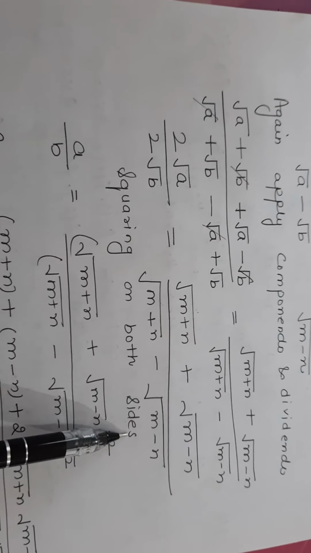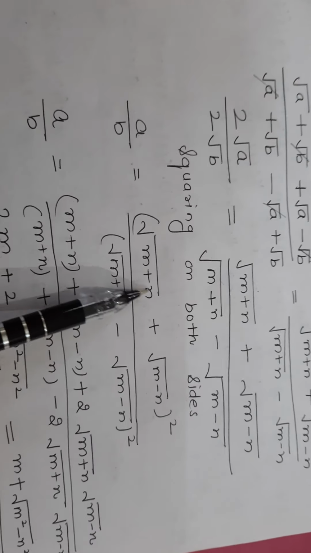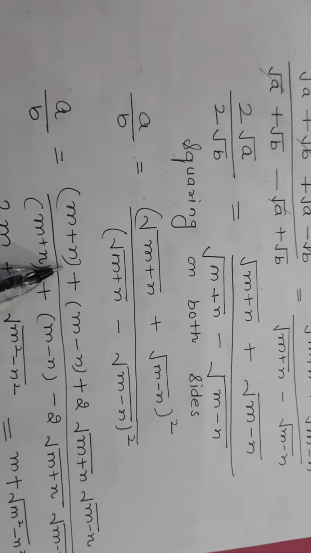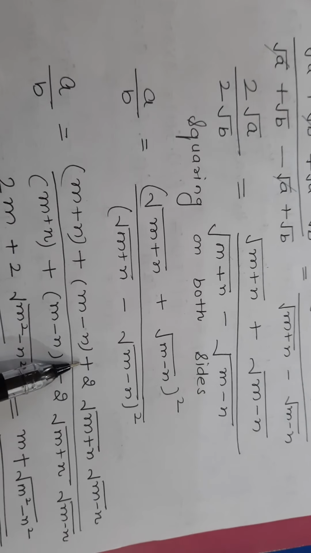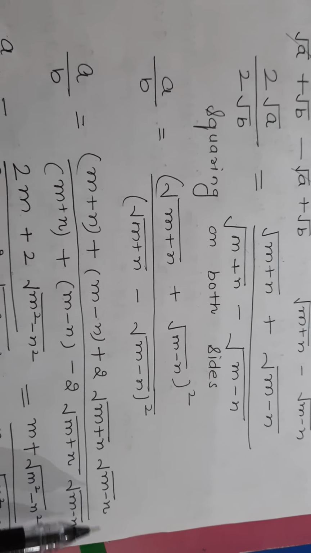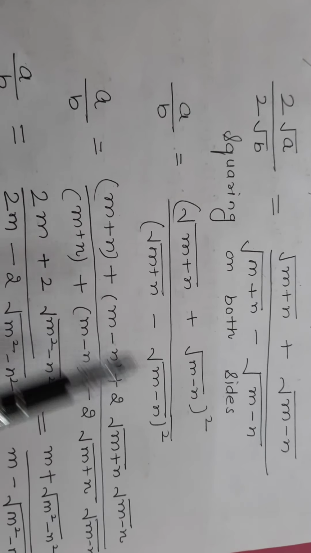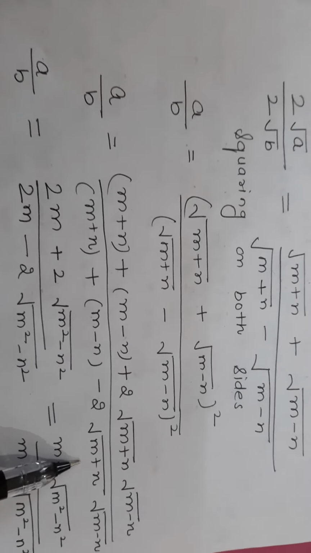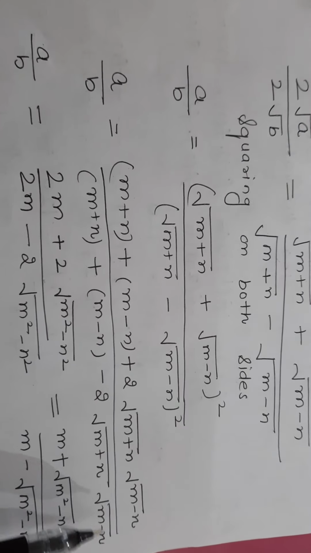Now do squaring on both sides. You will get this, expand square. You will get root m plus n square. So this is m plus n. Same here, m minus n plus twice root of (m plus n) into (m minus n). Here m plus n plus m minus n minus twice root of (m plus n) into (m minus n).